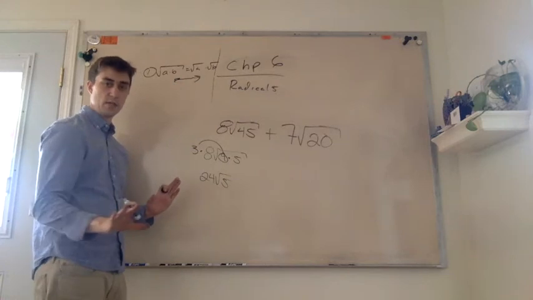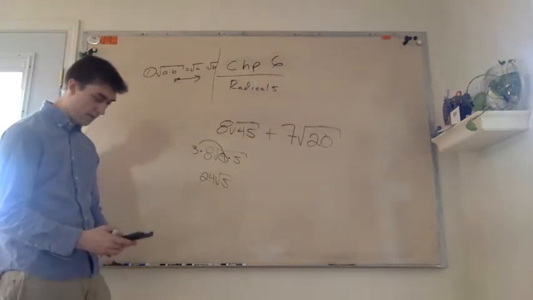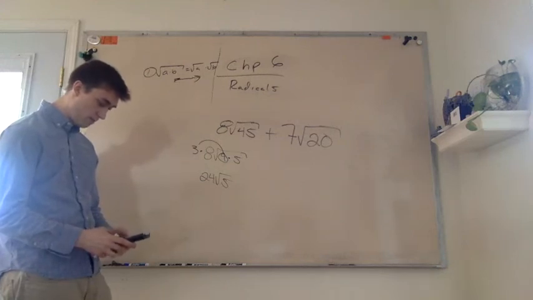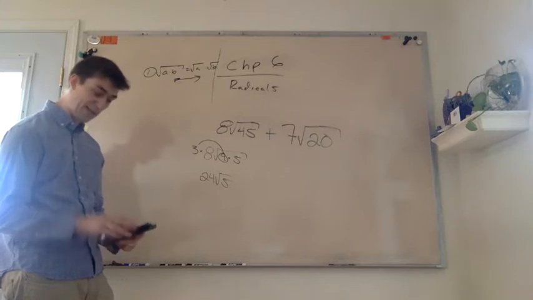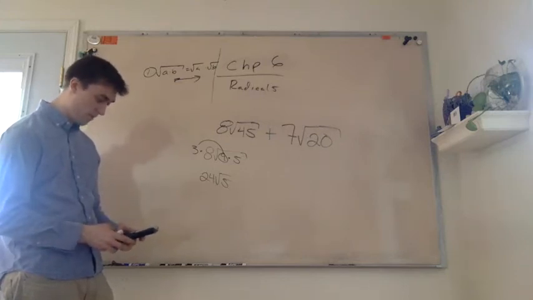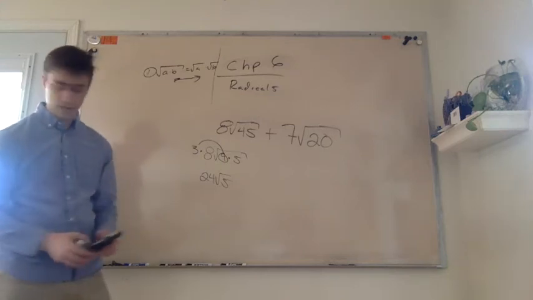Again, I think this is really useful to take a calculator out and do 8 times the square root of 45. Just do 8 multiplied by the square root of 45. I'm getting 53.66. Now do 24 multiplied by the square root of 5, same exact number, right?